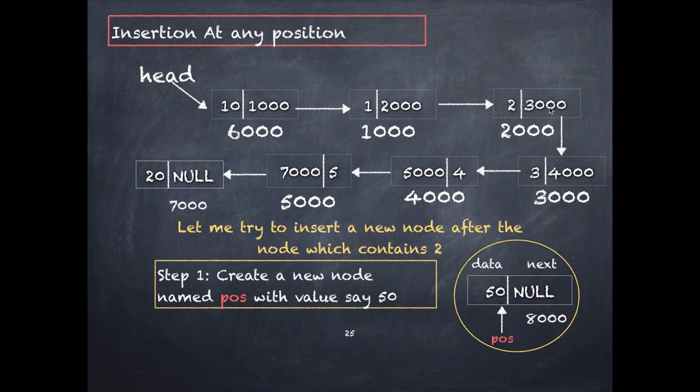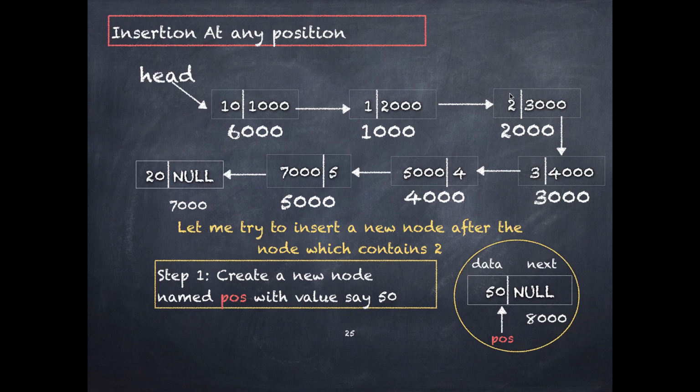So what all things do you have to do if this new node called pause has to be inserted after 2, at this position? First of all you have to reach this position, right? So just like inserting at the end, you have to search for 2 in this list. Using a for loop you will check the data part of each node that you are traversing, and when you get a data part equal to 2, you have to exit from the for loop.